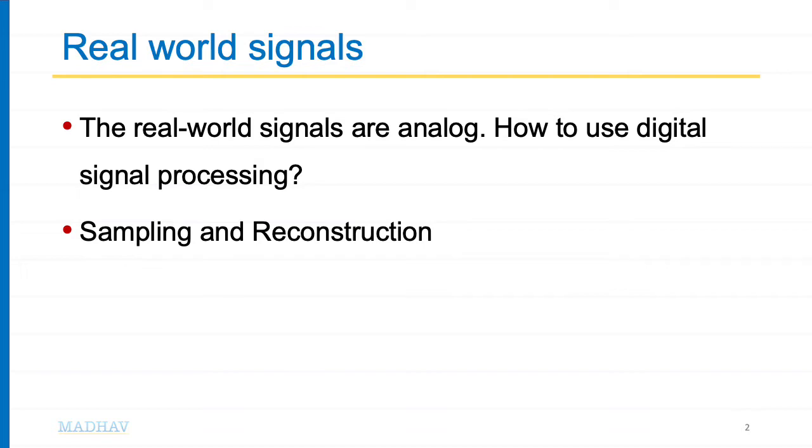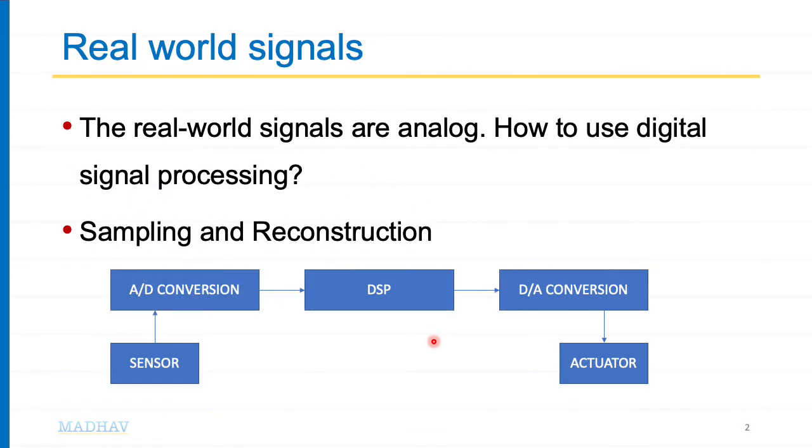Sampling basically means converting the analog signal, or the continuous time signal, into a discrete time or digital version, and then processing it and reconstructing. So it is like this. We have a sensor.